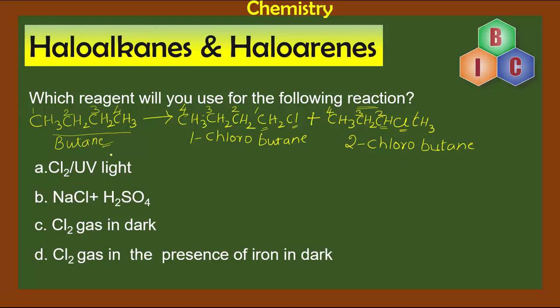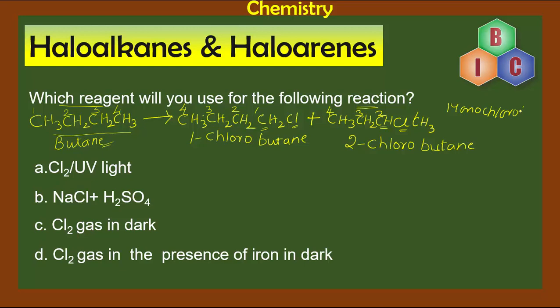Now the question is, which will be the reagent that will convert butane into these two isomeric products? As you can see, they have given us only the monochlorination products.